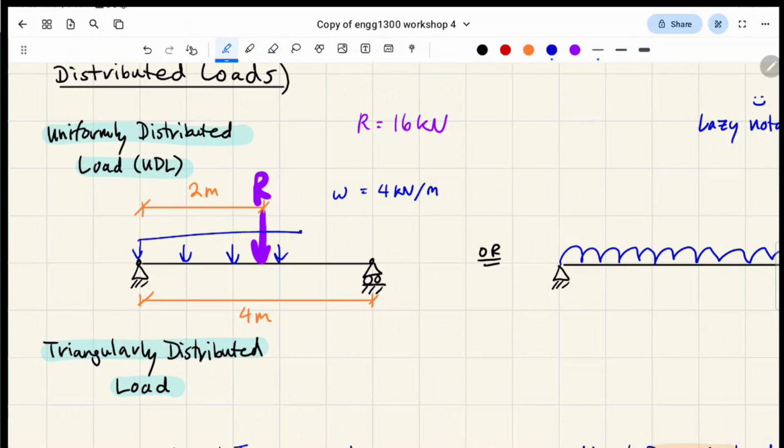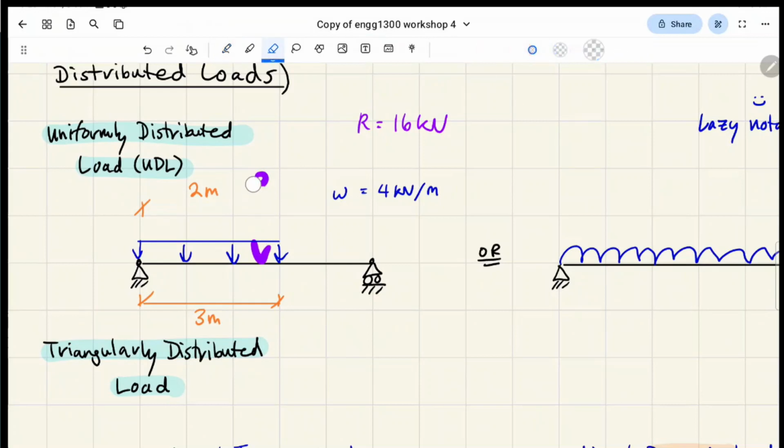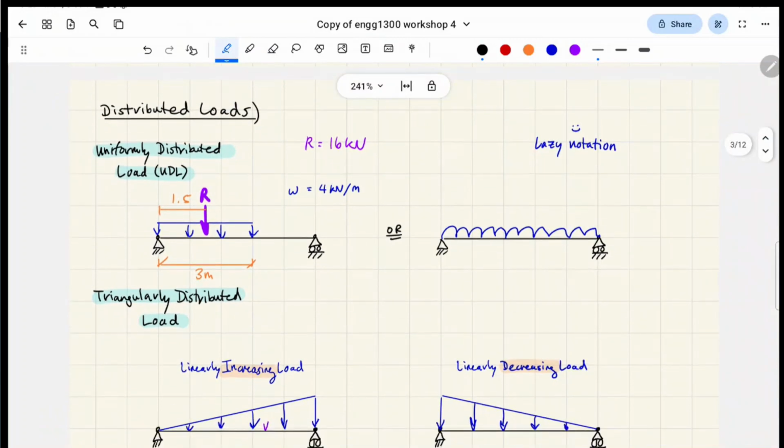If you have the distributed load not actually take up the entirety of the beam, for example, if this was 3 meters, then everything changes. So R would be over here now, because it's for however long the distributed load is. And to get to the centroid of it would be 1.5. Yep, that's kind of how it works. Same for this notation, exact same thing.